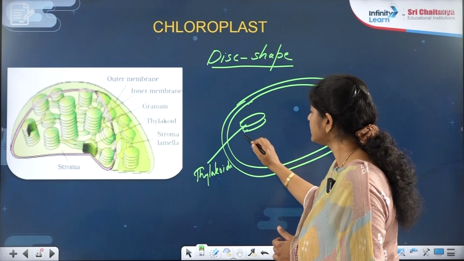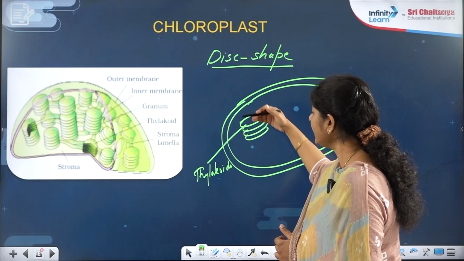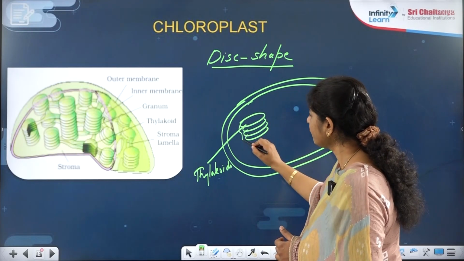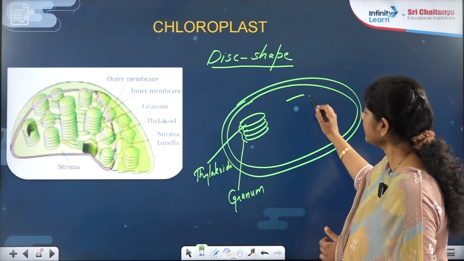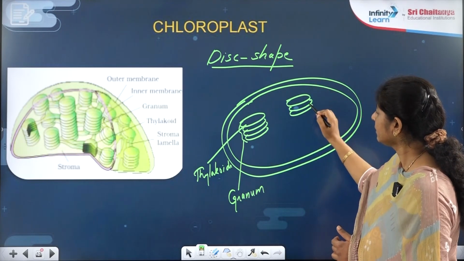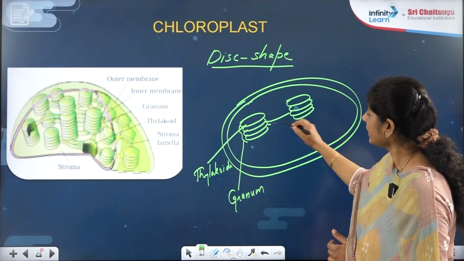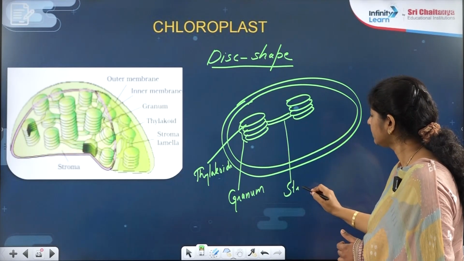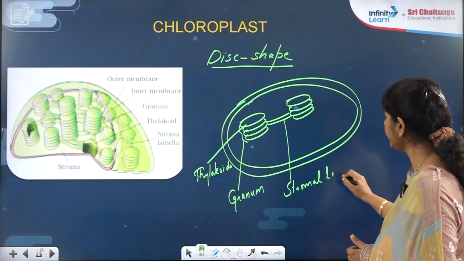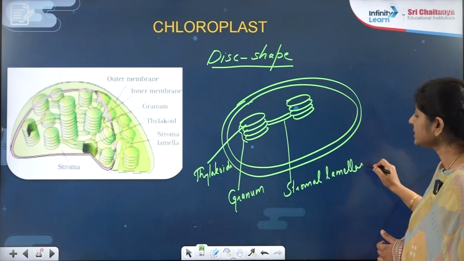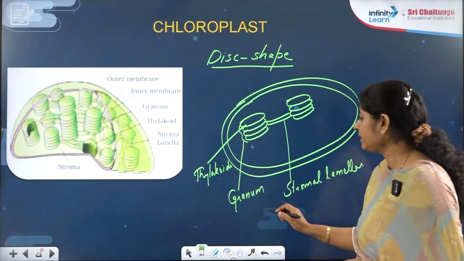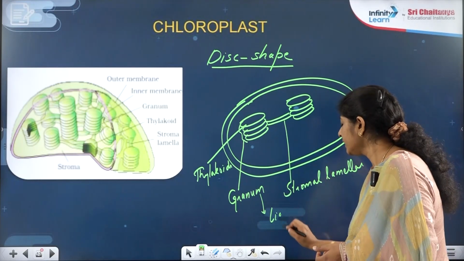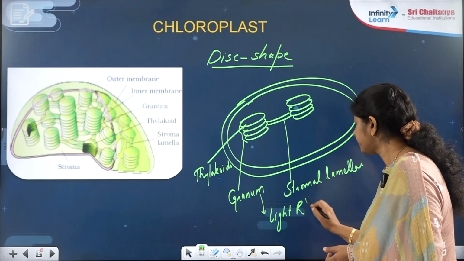Thylakoids are sacs piled upon each other, and one pile you call one granum. Many such grana are there, which are further linked by stromal lamellae. These grana and stromal lamellae have pigments inside, which is why they help in the light reactions.